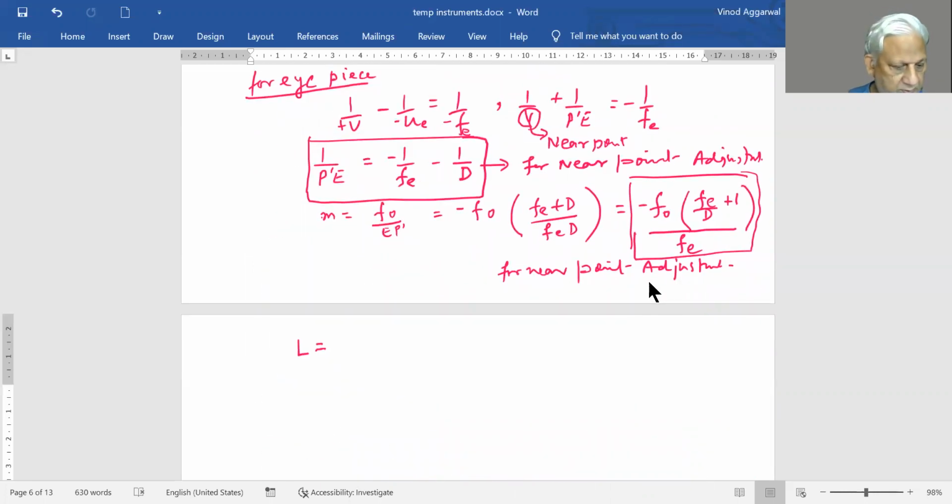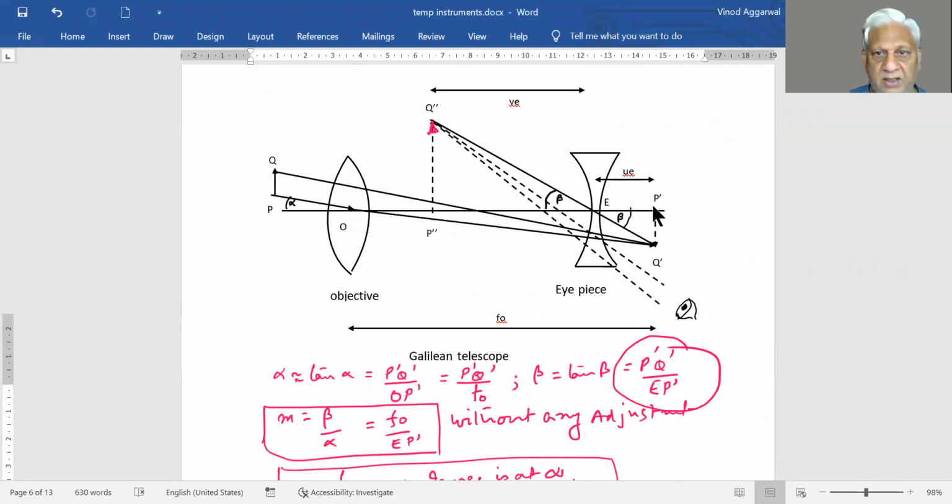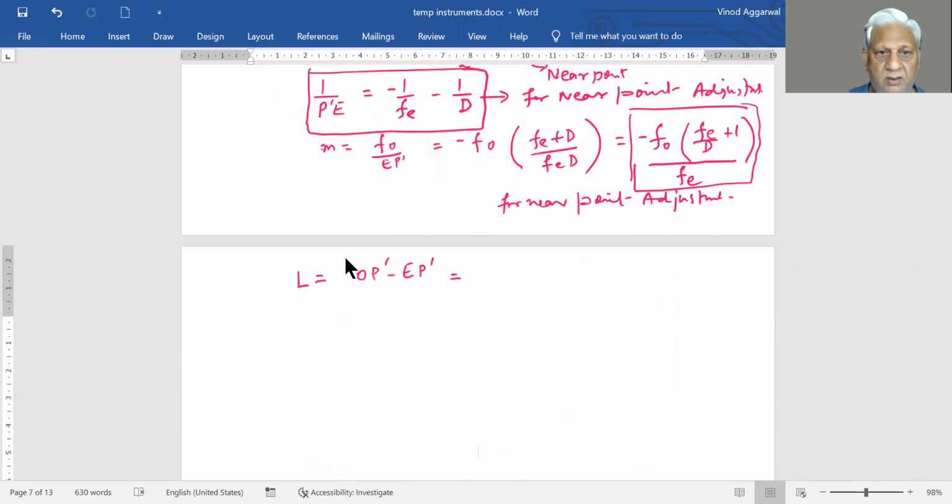So length is equal to OP dash minus EP dash. OP dash is the focal length of this objective minus EP dash. This is the formula without any adjustment.